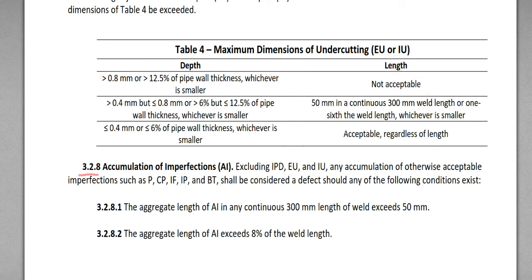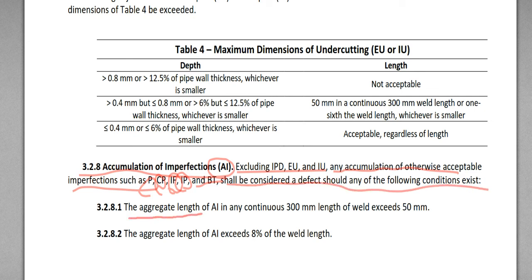And 3.2.8, accumulation of imperfections AI, excluding IPD, EU, and IU. Any accumulation of otherwise acceptable imperfections such as porosity, cluster porosity, incomplete fusion, IP (inadequate penetration), and burn-through should be considered a defect should any of the following conditions exist.